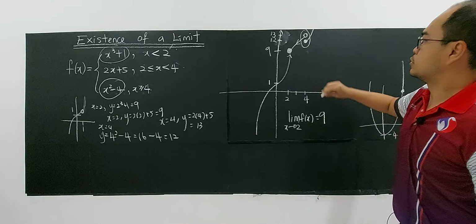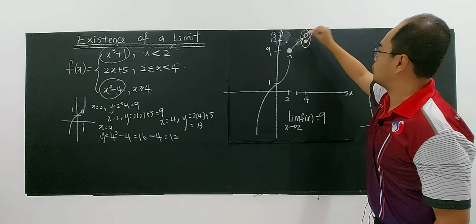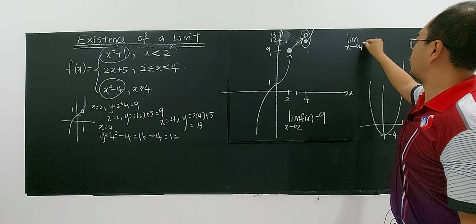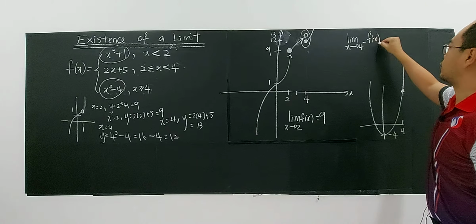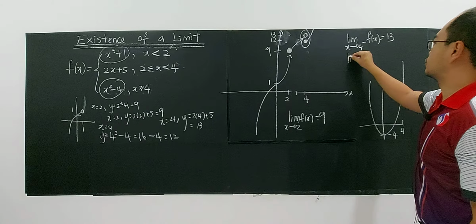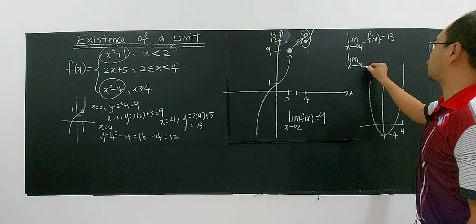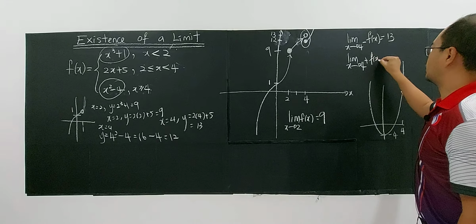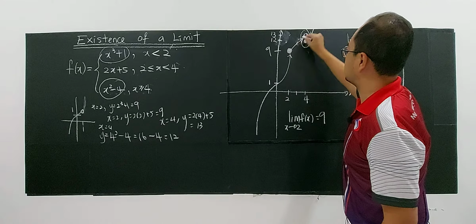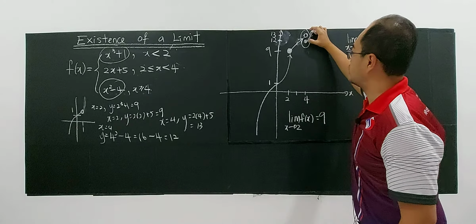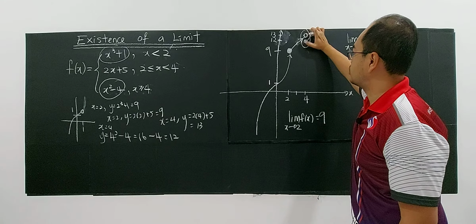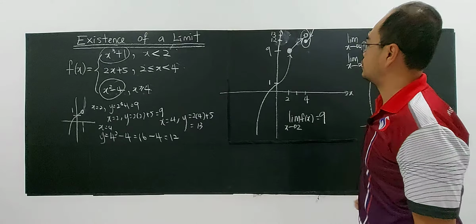But you look at this one. The limit as x approaches 4 from the left, the value just now that you found will be 13, right? The limit as x approaches 4 from the right, you're getting 12. From the left, getting 13. So something is wrong here. This graph is broken, so they are discontinuous.